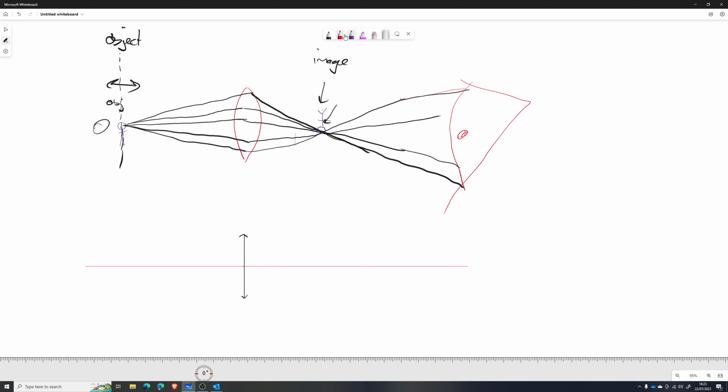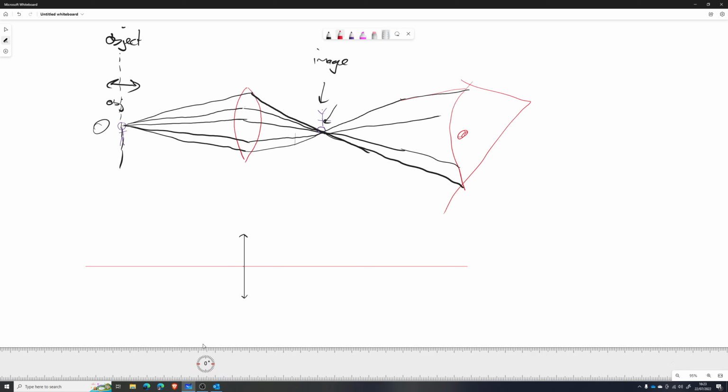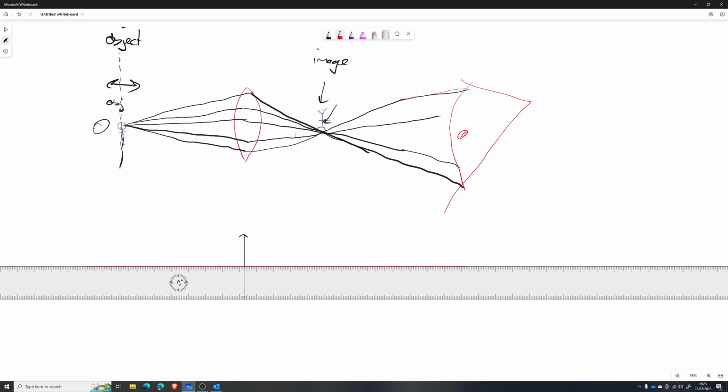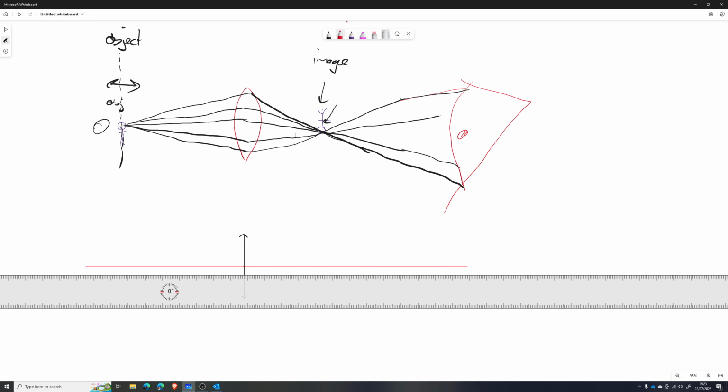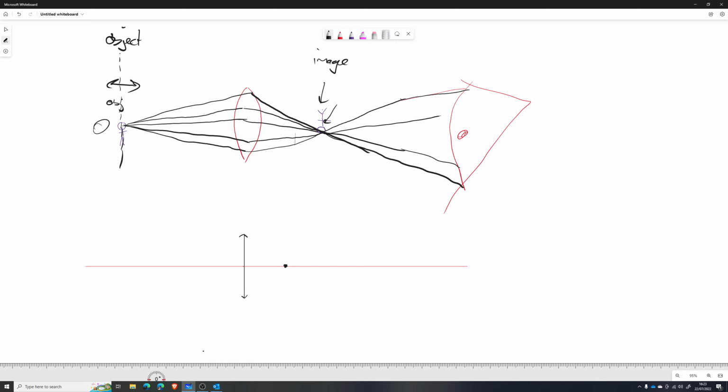The second rule is that any ray that enters the lens parallel to this principal axis will pass through a point on the principal axis called the focal point. Here is the focal point of this particular lens. That's my focal point. And we can go a step further, and define the distance from the lens to the focal point as f. That's generally called the focal length of the lens.